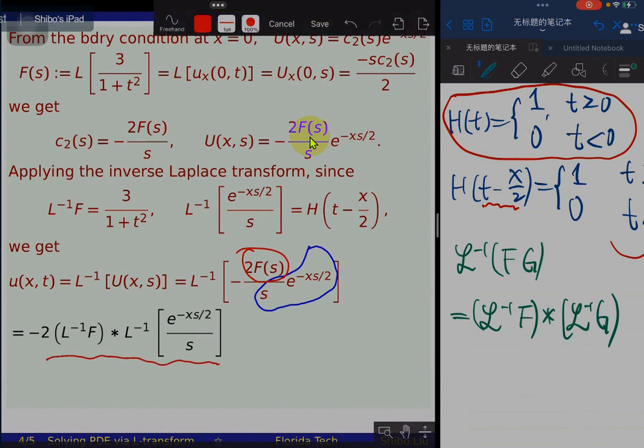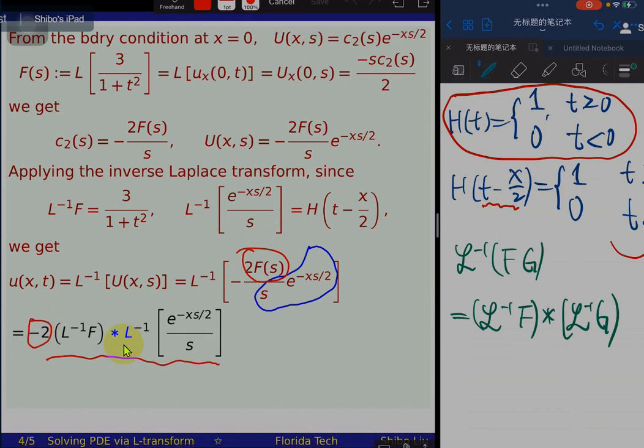And because the Laplace inverse transform is linear, the coefficient 2 in front of F here and the minus sign can move out of everything at the beginning of this result.